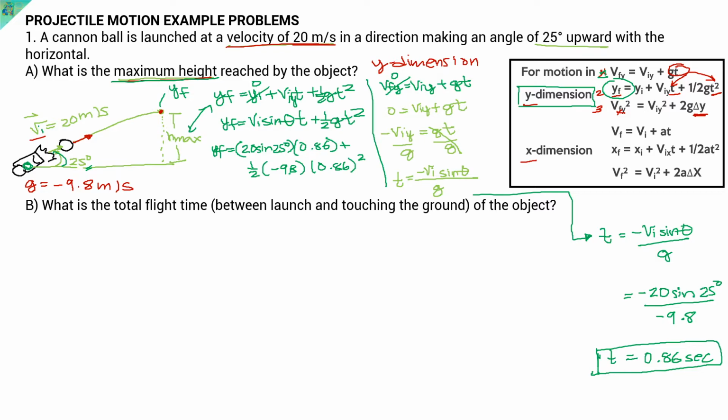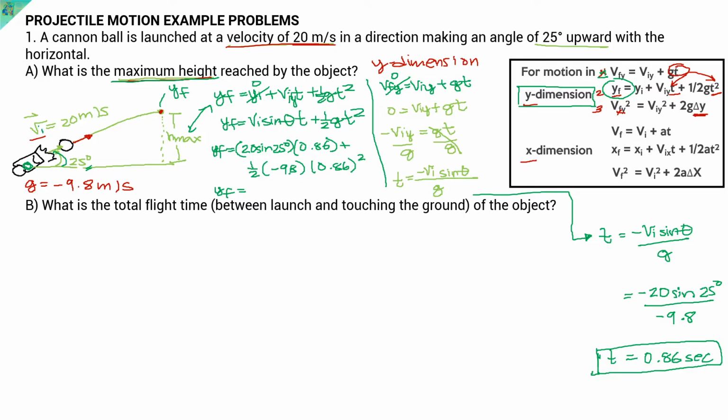Let's plug that in our calculator. 20 sine 25 degrees multiplied by 0.86 plus 1/2 or 0.5, pwede rin, negative 9.8, 0.86 squared.